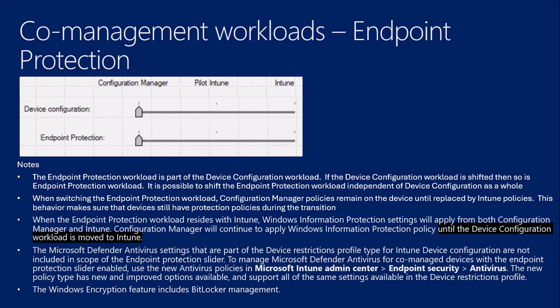Intune will take the lead on that. And there's actually some interesting things here, right? So if you shift the workload to Intune and there are existing Configuration Manager configurations delivered to that device, then Config Manager delivered configurations will remain in force until there's something from Intune that comes down and overwrites that, right?